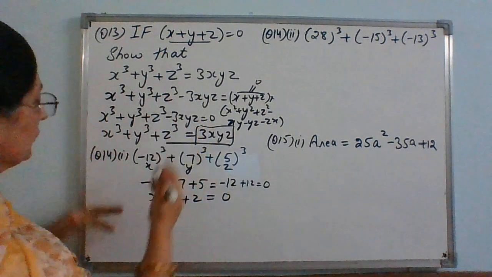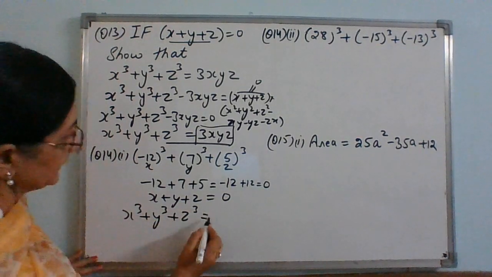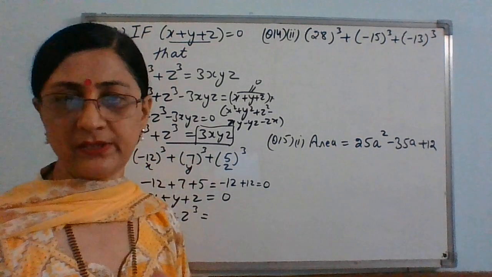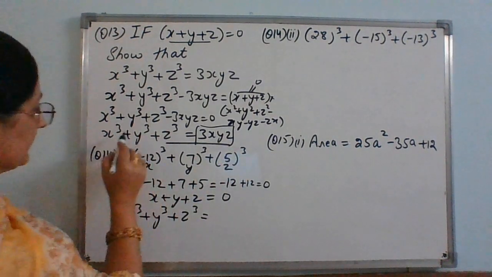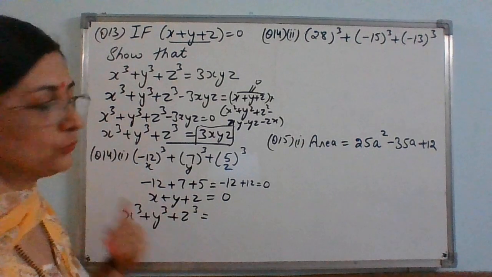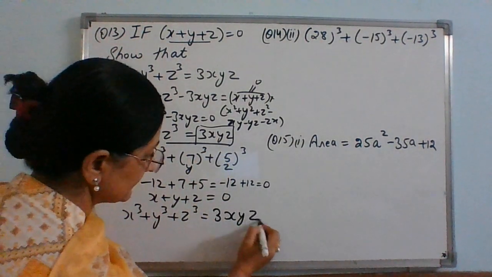In this case we can use that x cube plus y cube plus z cube, without doing the calculation of finding the cubes, we have to solve this way. So the value of x cube plus y cube plus z cube is equal to 3xyz.